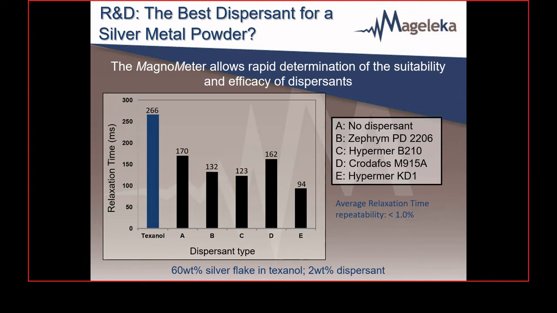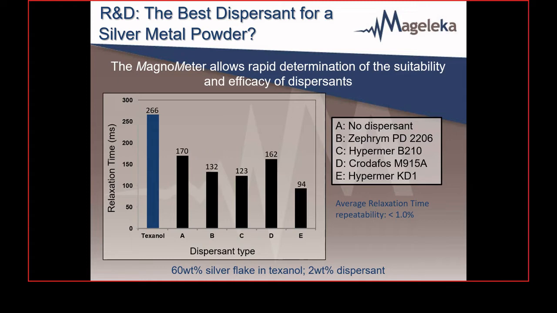Now, there are literally hundreds of dispersants on the market and they all work. So which one is the most effective for a given material and liquid combination? Determining this will result in a suspension with superior performance attributes.